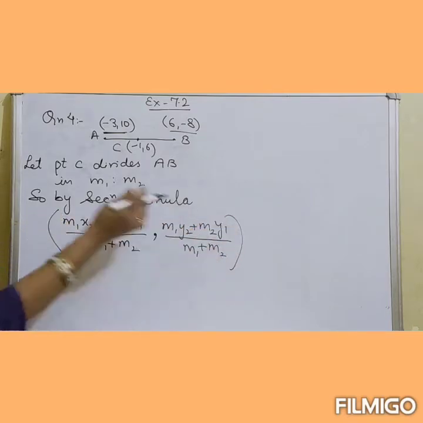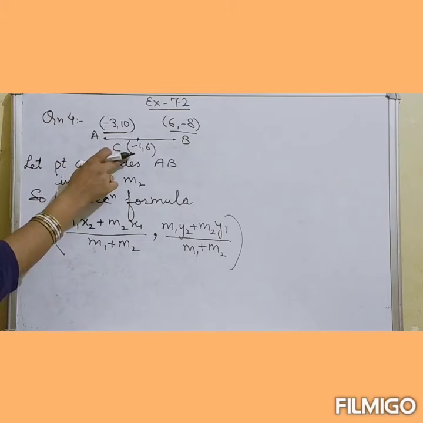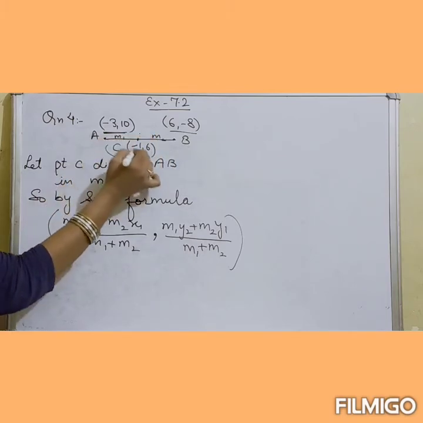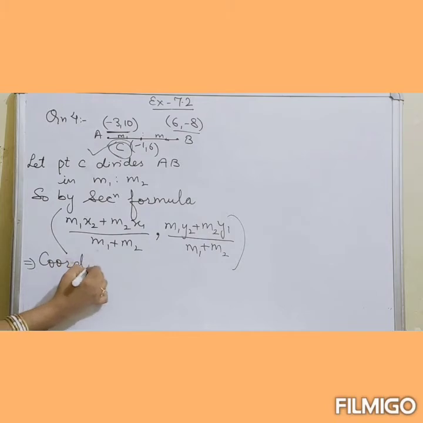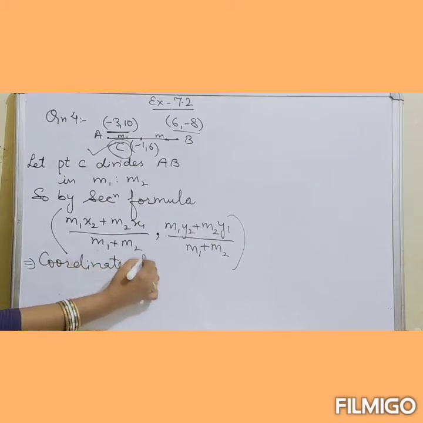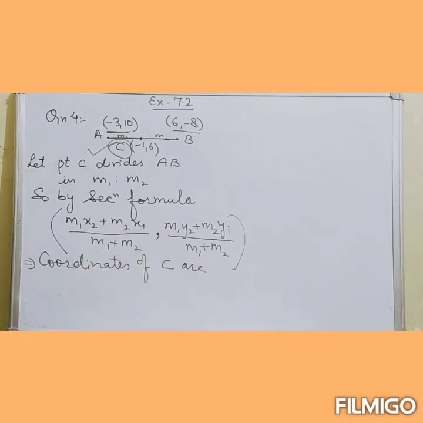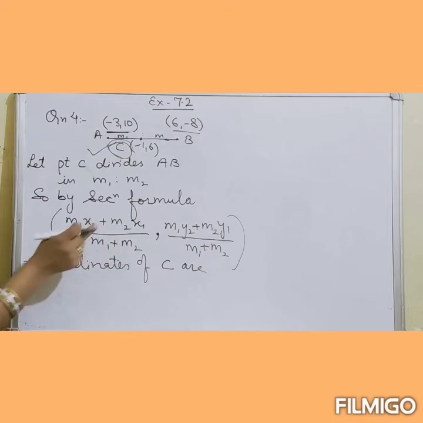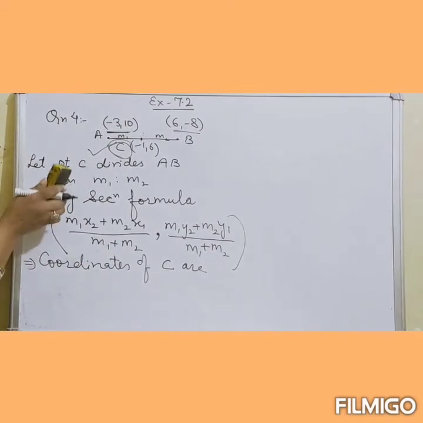So according to this section formula, if I apply this formula here in this case and the ratio is M1 is to M2, the coordinate of C I will find out by this formula. This implies coordinates of C are, what will be the coordinate of C? Apply this formula here in this question.